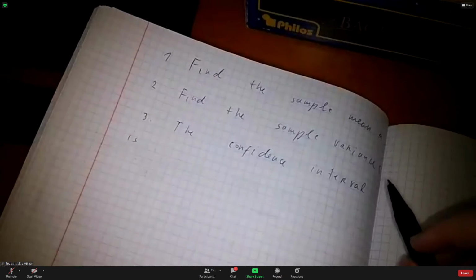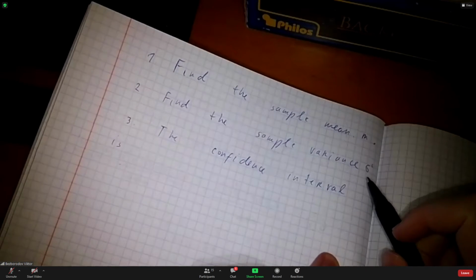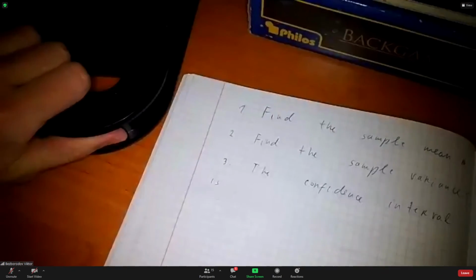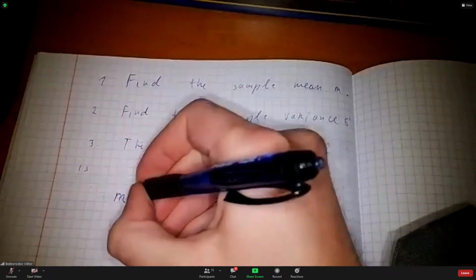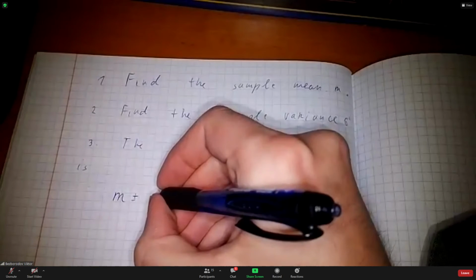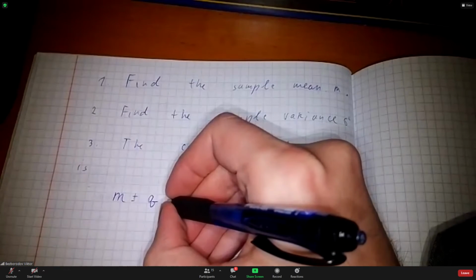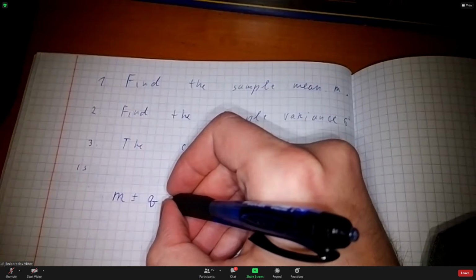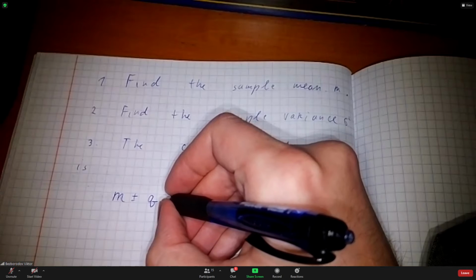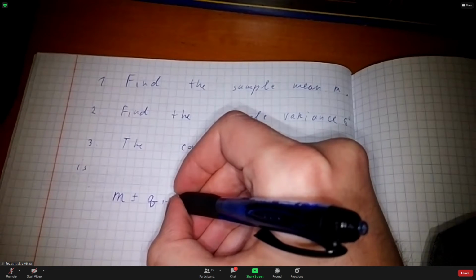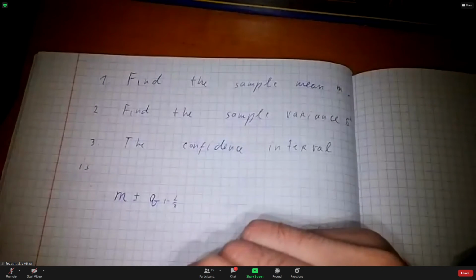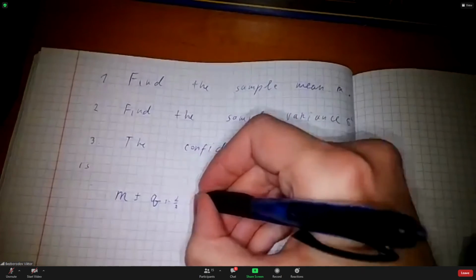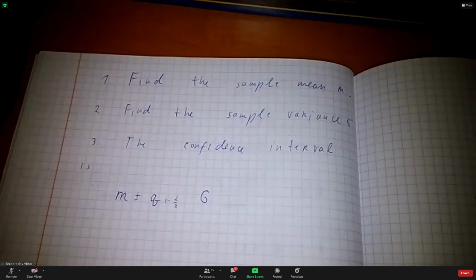Find the sample variance, let's say sigma squared. And then the confidence interval is going to be given by, so you take your sample mean and then take plus minus. You take the quantile of, and you take the sigma.